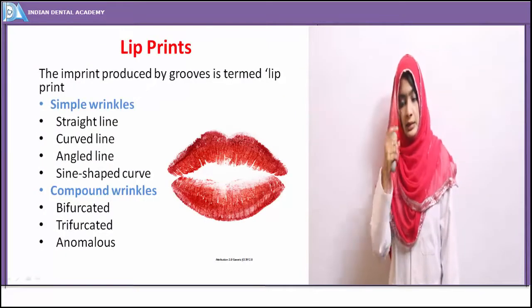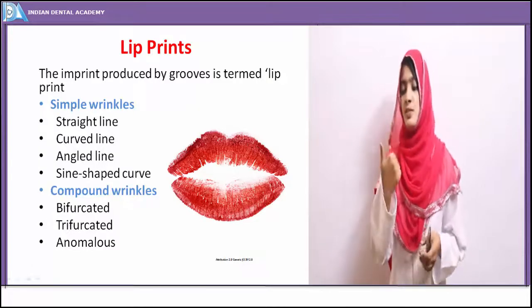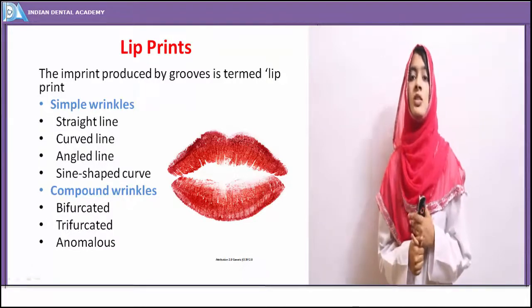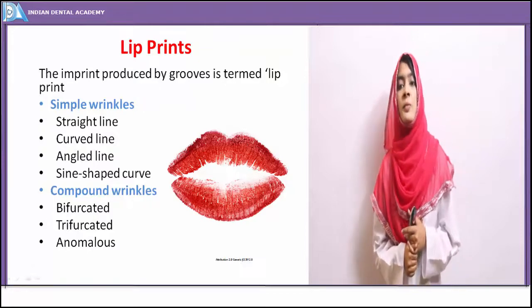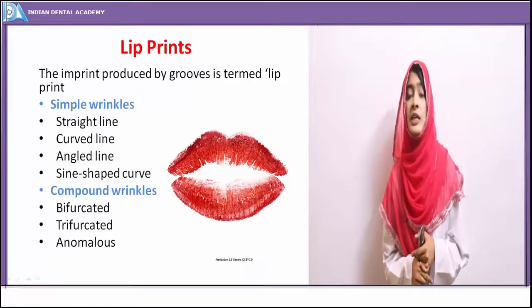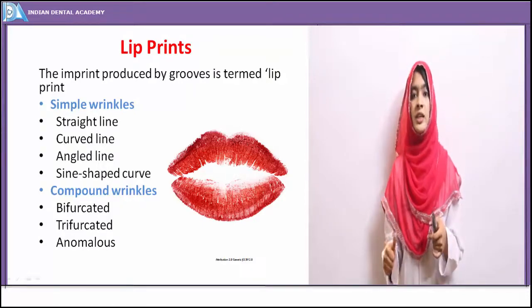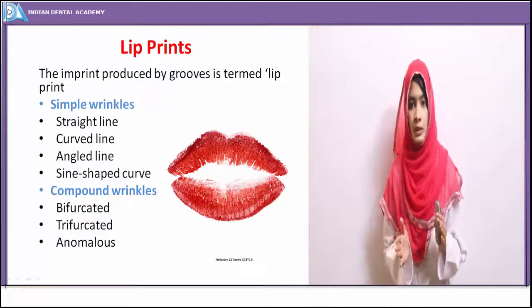And in the forensics department, we have seen that fingerprints are more commonly used to identify the individual. In cases of deceased individuals, when the body is completely decomposed or burnt, the fingerprints may lack the quality to identify the individual.